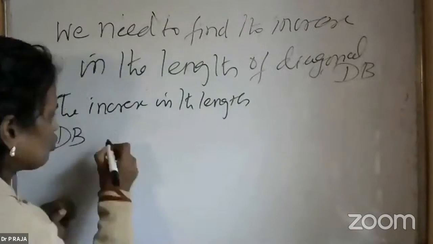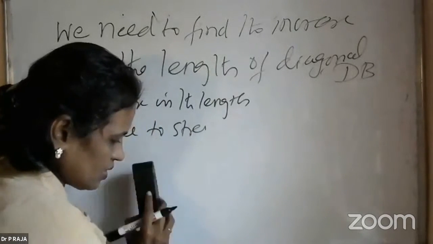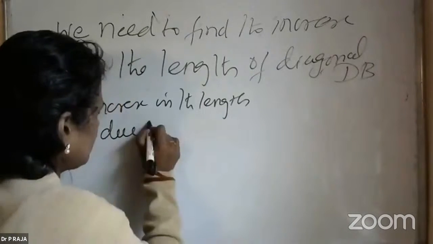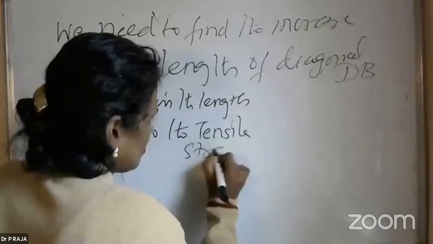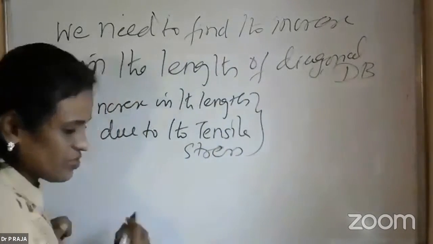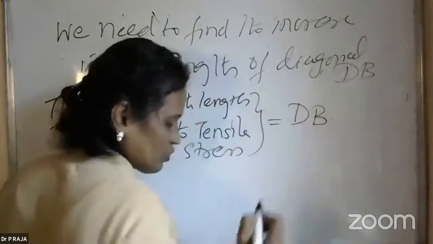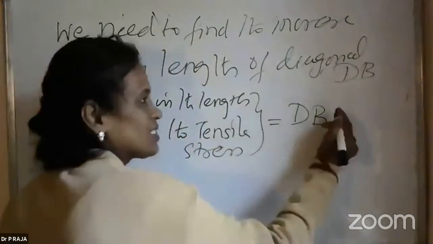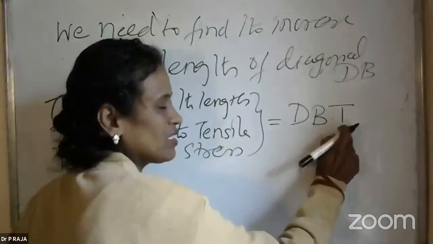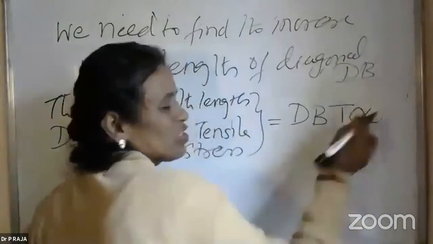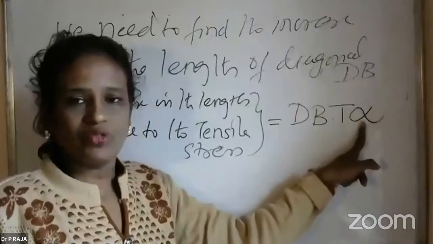So the increase in the length due to the tensile stress is equal to diagonal dB into the tensile stress that is being applied, and that factor also has to be added with the elongation, the tangential strain, that is adding up to that length.